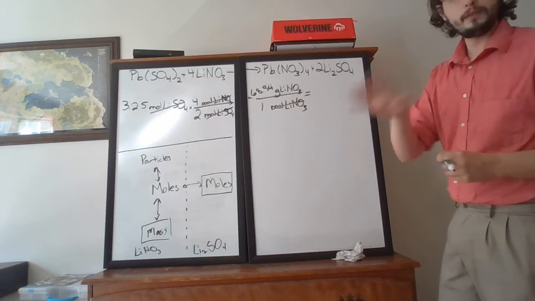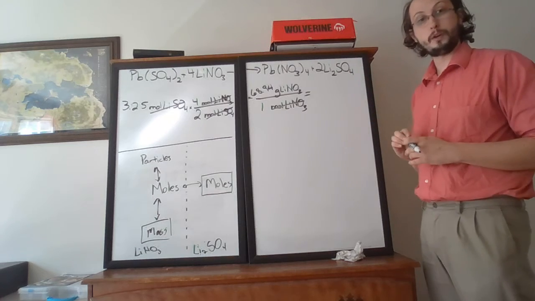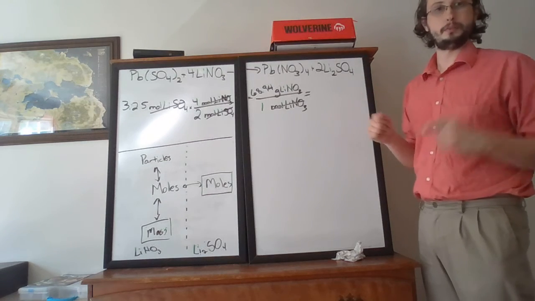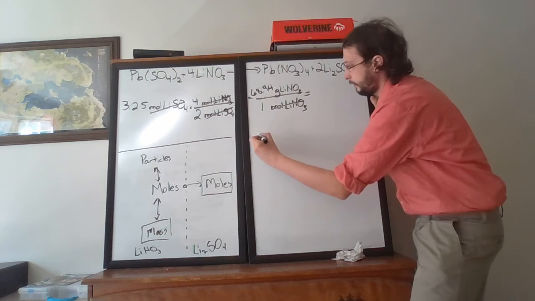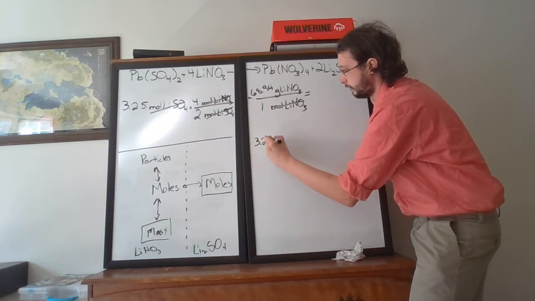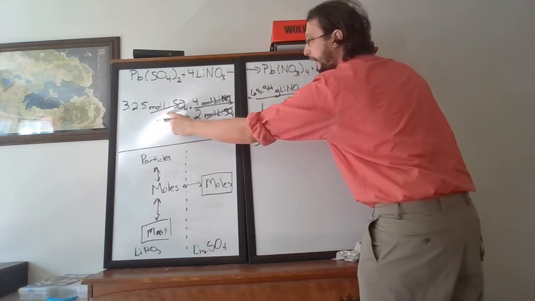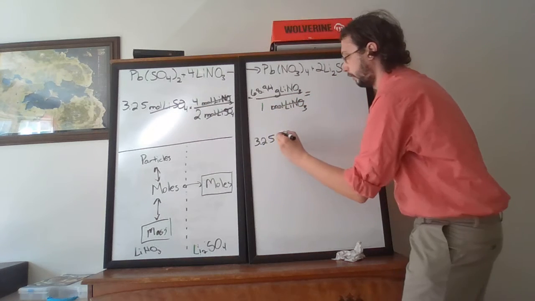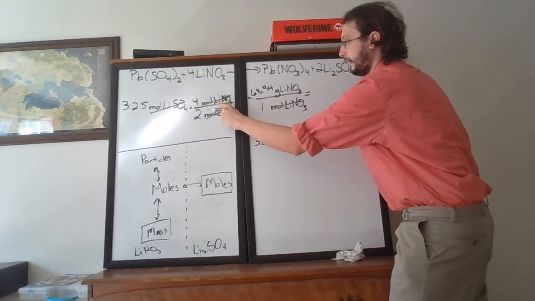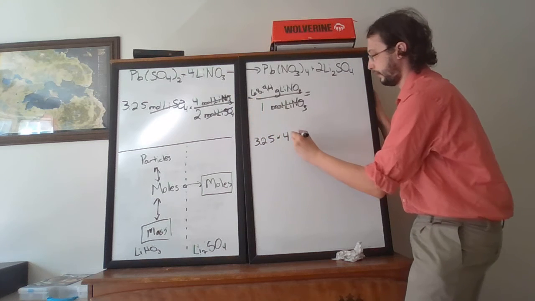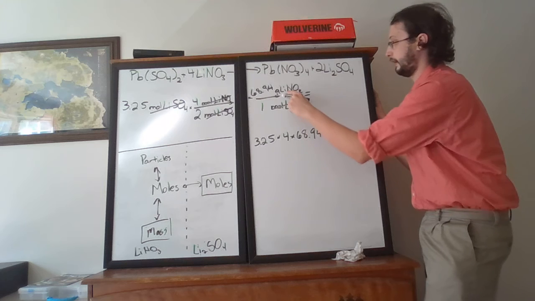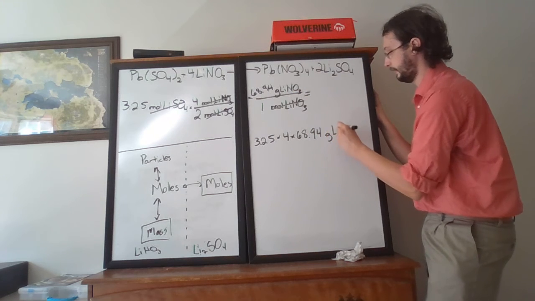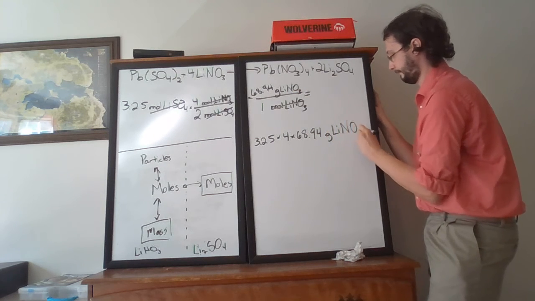Now, I'm going to rewrite this and push everything together into one fraction, maybe clean it up a bit, and it'll be easier for us to look at and approach. So we start off with 3.25, multiplying by 4, times 68.94, and this did not cancel out, so we keep grams of lithium nitrate.